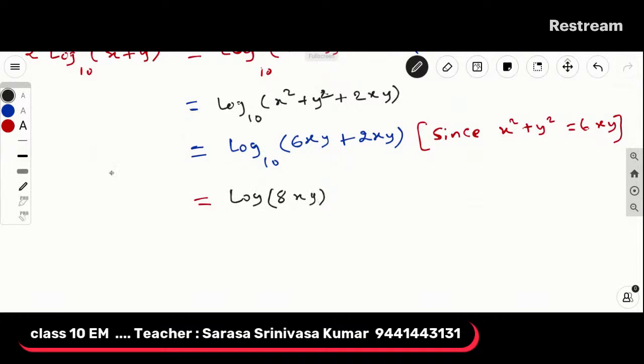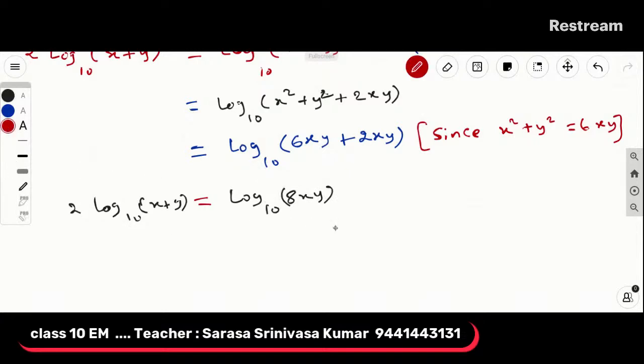Now 2 log of (x plus y) to the base 10 equal to log of 8xy to the base 10.